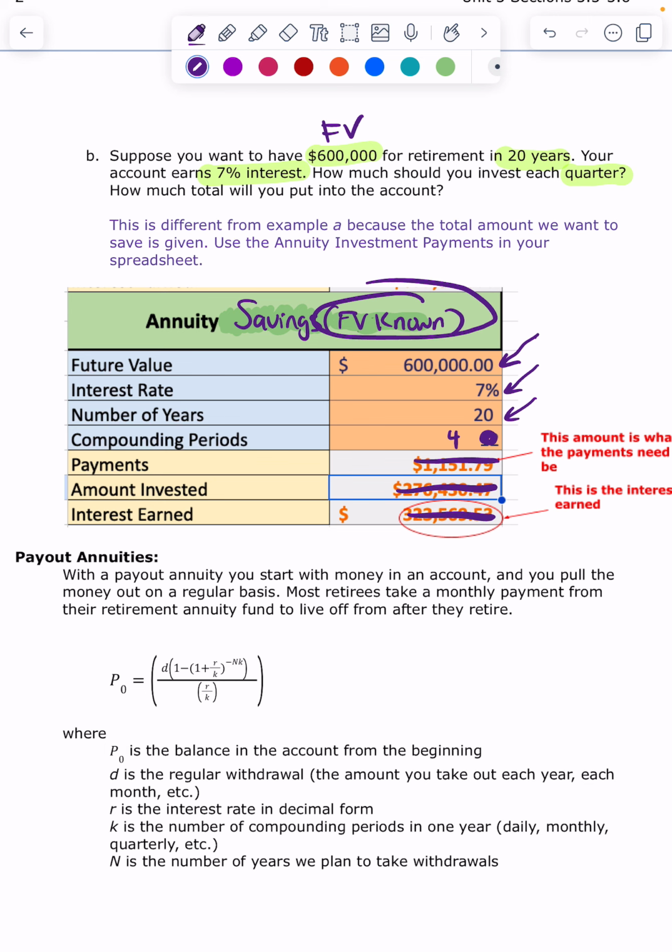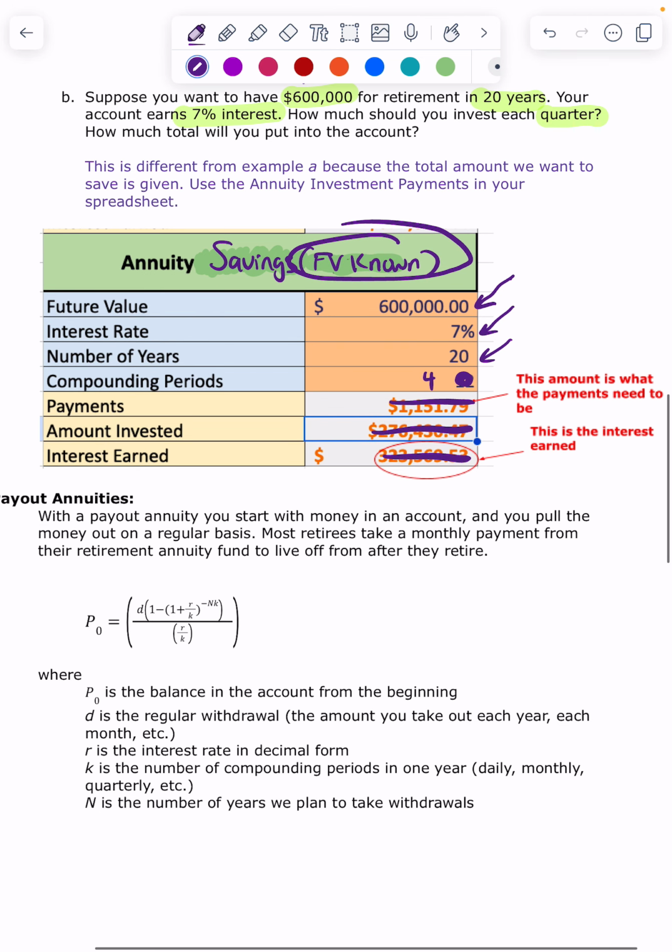So none of these values were correct. So the correct payment is 3492.56, and then this one is $279,404.69. And I didn't write down the interest earned, but it doesn't ask us that, so it's okay.